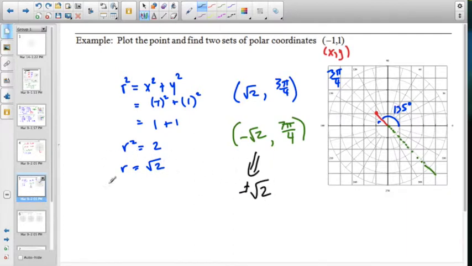Those are actually two. I said only take the positive, but really you could look at both the positive and the negative root of the square root of 2 if you just adjust the radial answer that you're putting in for the theta.